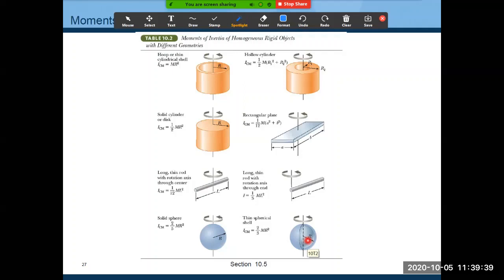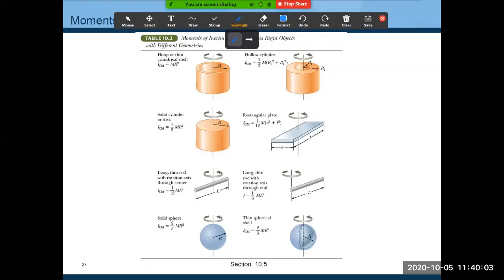Say in the case of a cylinder, which could be a long rod or a thin disc, depending on how long it is along the axis of rotation, I_CM is 1/2 m r squared. The moment of inertia is given by this value.